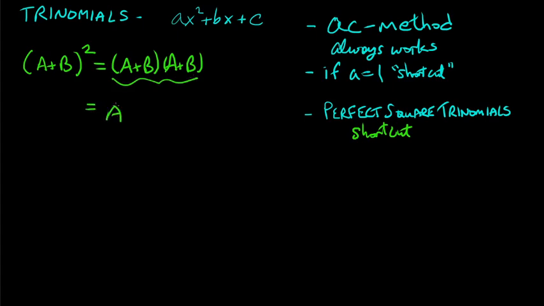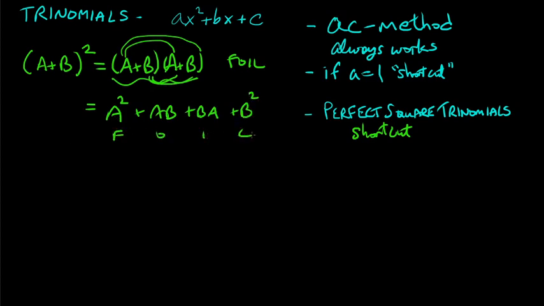First, I'm just using FOIL here. First is A times A, which is A squared. The outside is A times B. The inside is B times A. And the last is B times B, or B squared. So that's just the usual FOIL.